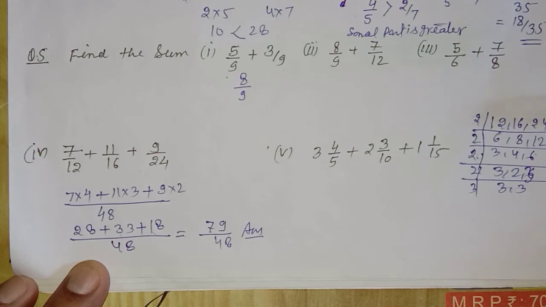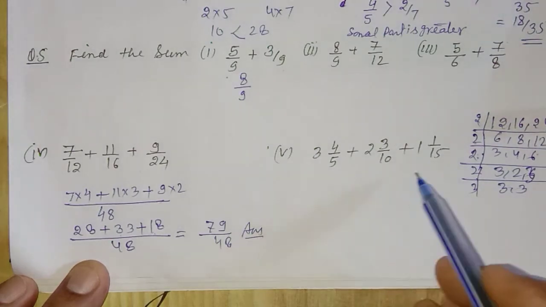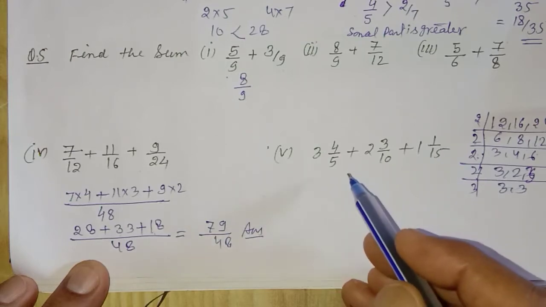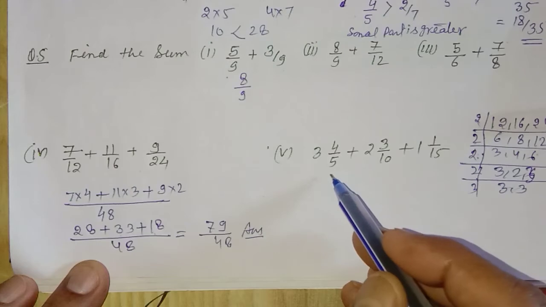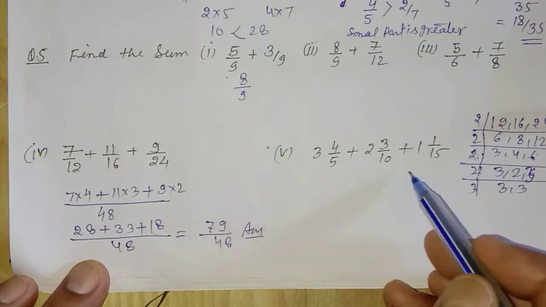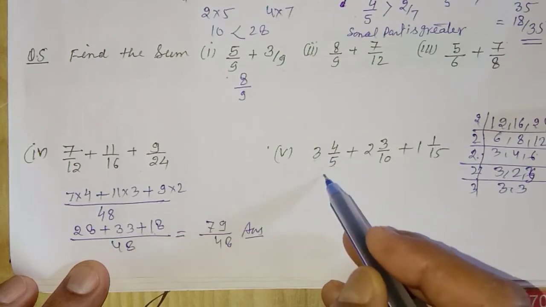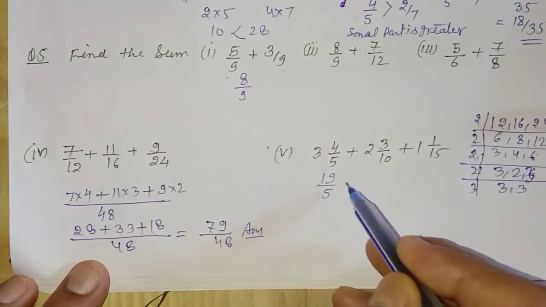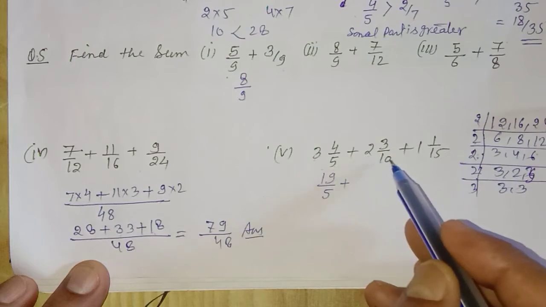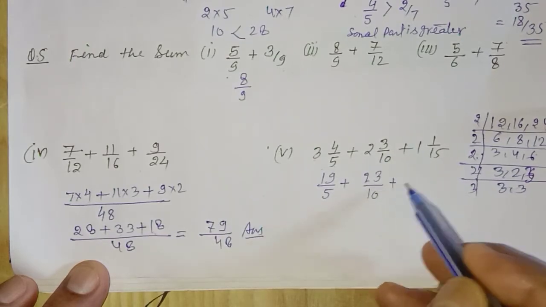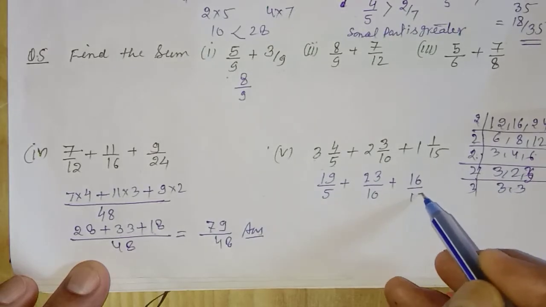Similarly students, solve this problem. So students, first we will convert the mixed fractions into fractions. So 5 3s are 15 plus 4, so students, 19/5 plus 23/10 plus 16/15.